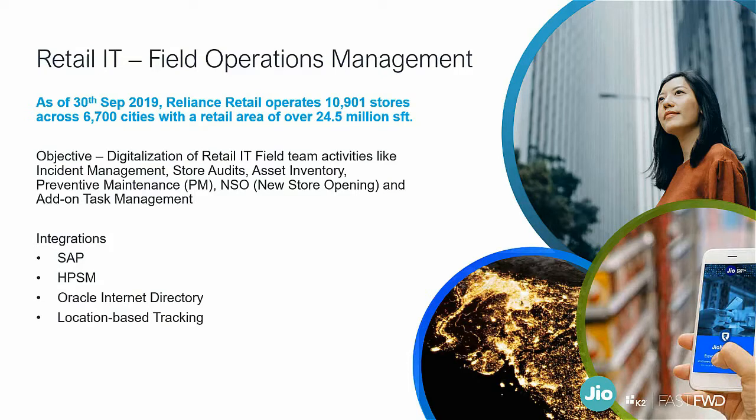This is a very important functionality. There is also scheduler-based activity assignment like store audit and preventive maintenance. And we have real-time field engineer tracking on a map to help check engineer availability for reassignments.